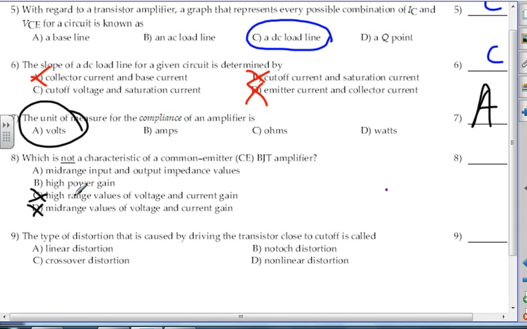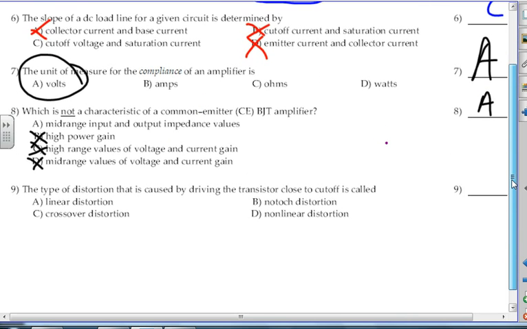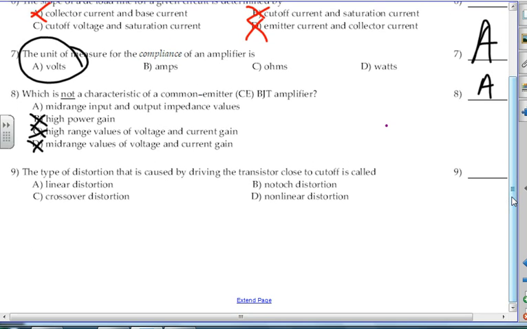Can't be D. I think I'm going to go with A on that one. Oh, maybe not. Maybe I don't like A. That is wrong. Common emitter. High range values for voltage and current. Okay, it can't be C.